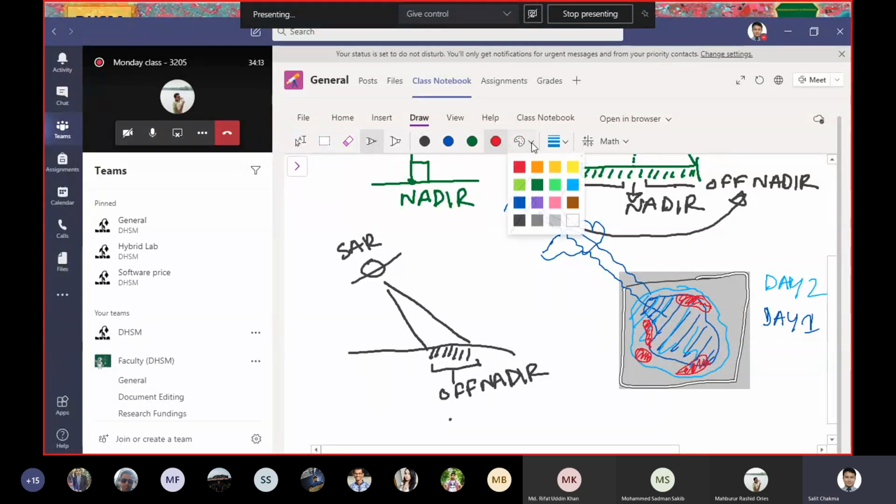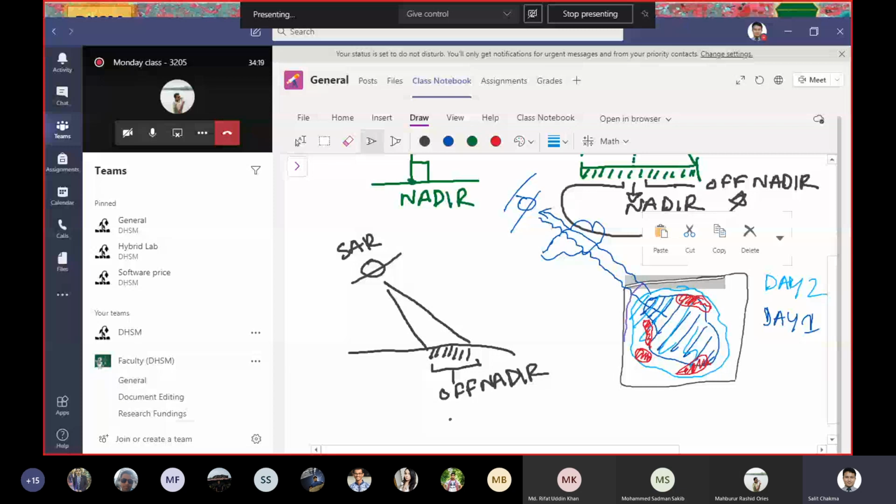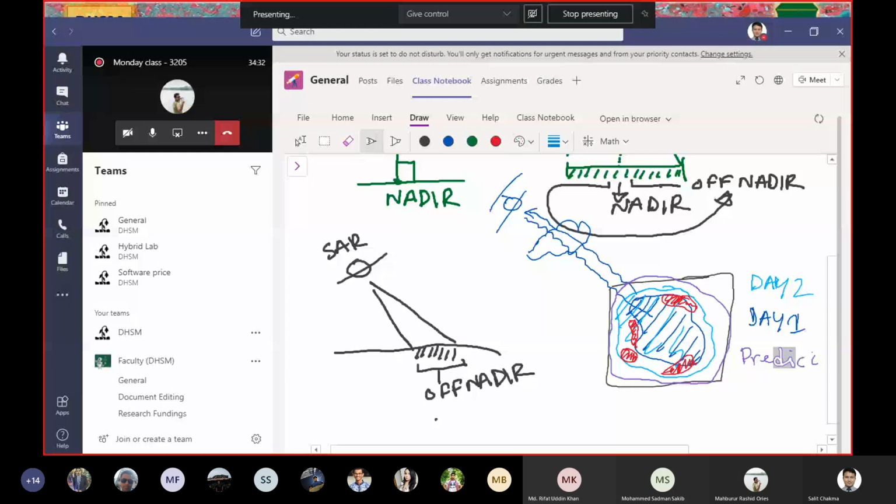Now you go back and ask what's the possibility for day 3. From day 1 and day 2, you take the data and try to predict day 3.